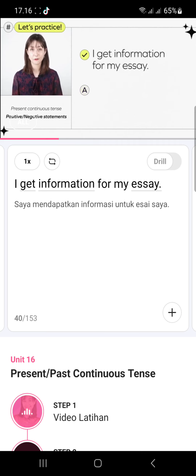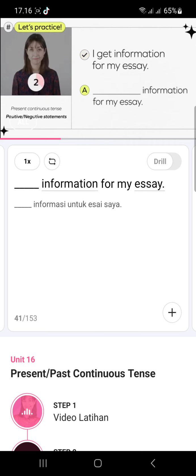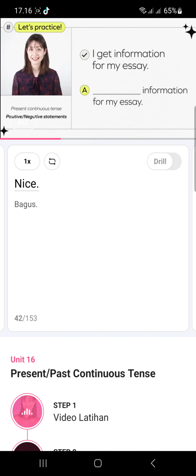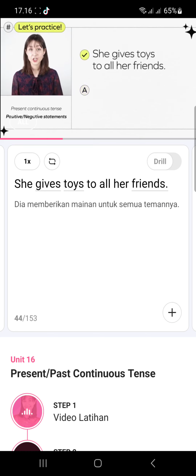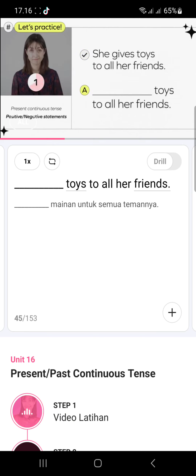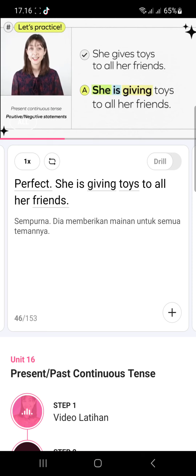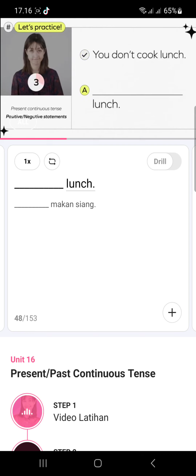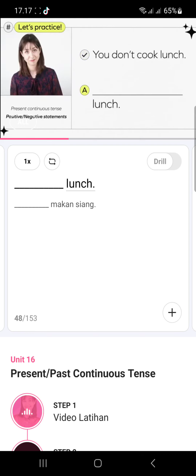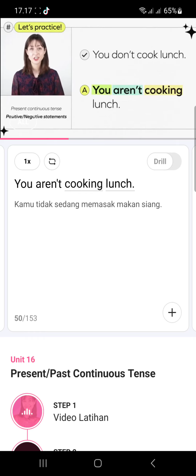I get information for my essay. Nice! I am getting information for my essay. She gives toys to all her friends. Perfect! She's giving toys to all her friends. You don't cook lunch. Right. You aren't cooking lunch.